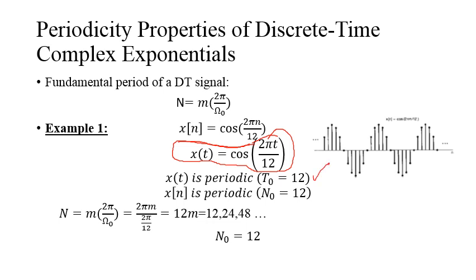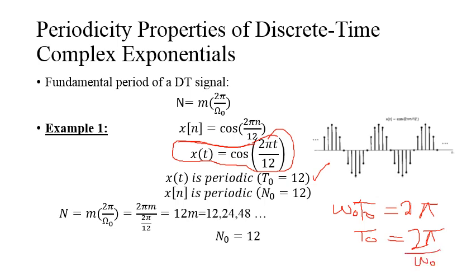In the case of a continuous time signal, the relationship between period and frequency is that the period T equals 2 pi by omega naught.